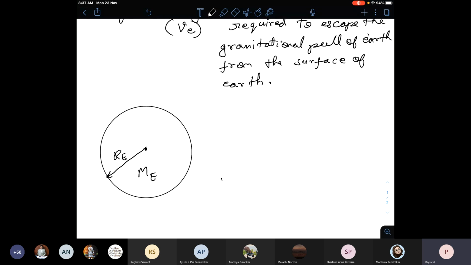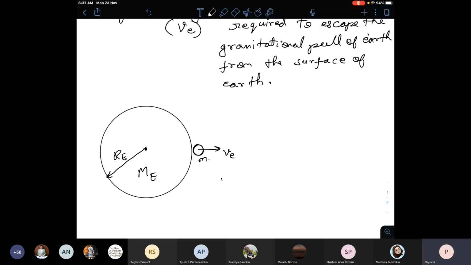Now what we are trying to do is, on the surface I have a small mass m, and it is thrown into space towards infinity with a speed of Ve, that minimum velocity due to which it leaves the Earth's pull.